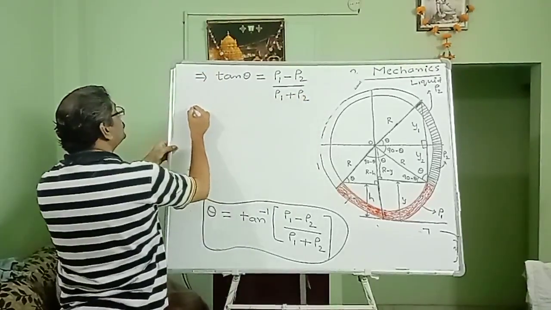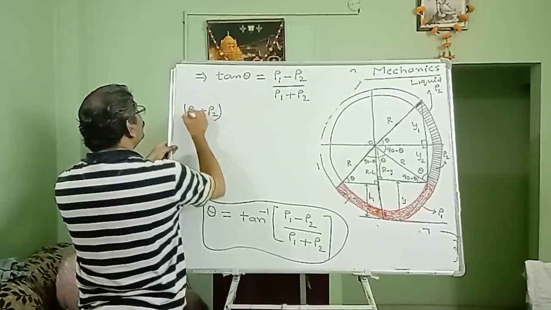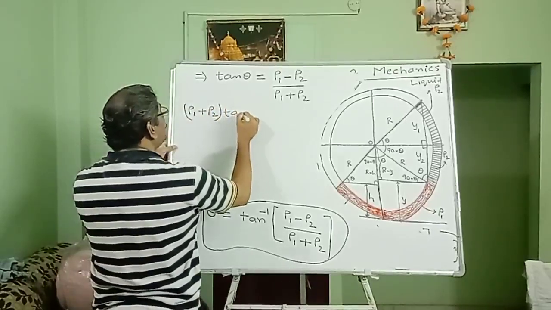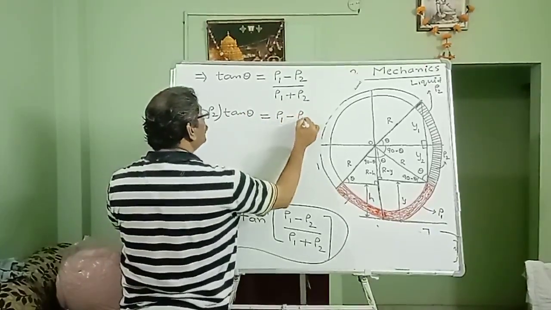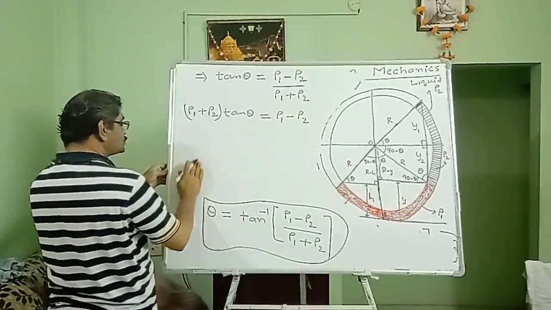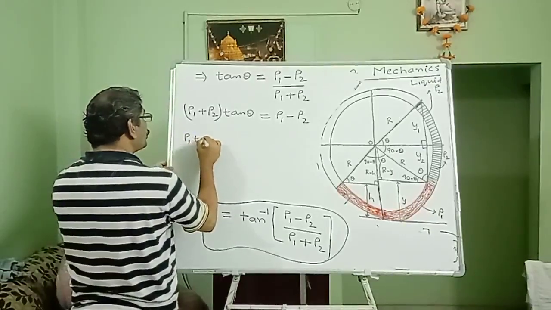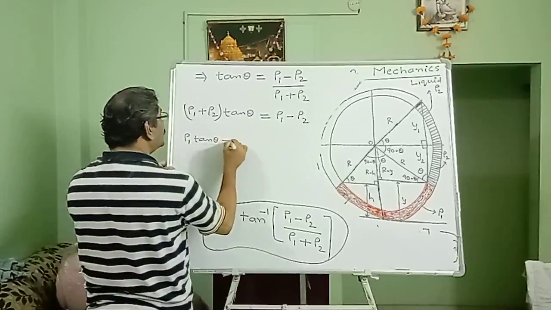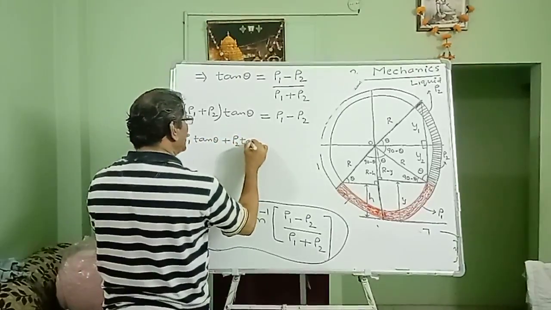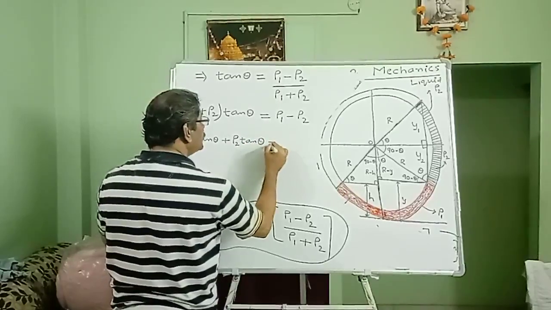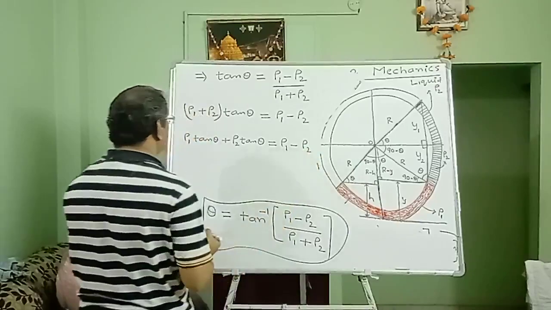So cross multiply: rho 1 plus rho 2 multiplied by tan theta will be numerically equal to rho 1 minus rho 2. Open the bracket, so we get rho 1 tan theta plus rho 2 tan theta equals rho 1 minus rho 2.